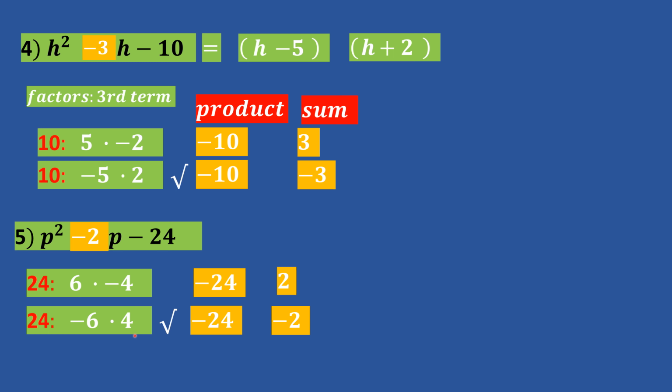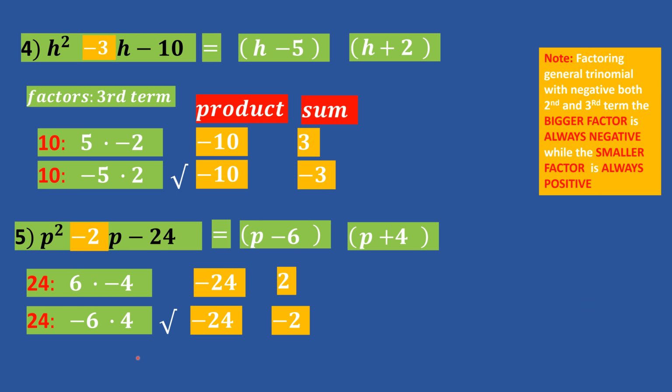So the correct set of factors is negative 6 and positive 4. The square root of p squared is p, and then minus 6 and plus 4. So therefore, we have the factors of number 5.